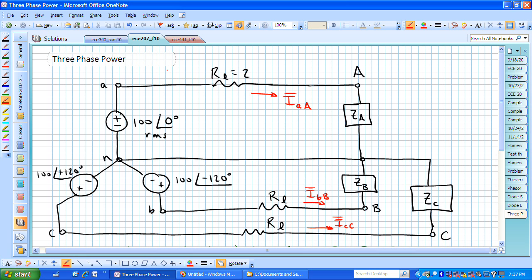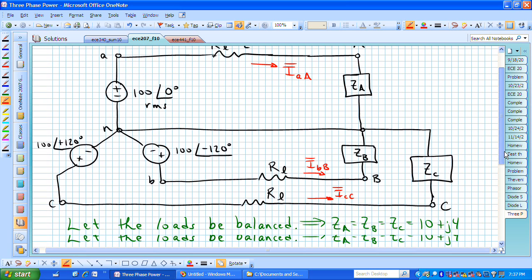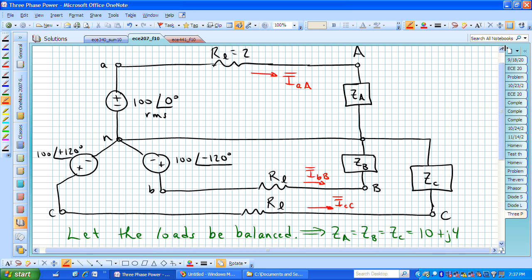And Z sub A, Z sub B, and Z sub C, we are going to assume that those are equal and have a value, each of those, of 10 for the real impedance plus J4. That's our system, and the loads are also a Y-connected set of loads, and we have a neutral conductor between the source neutral terminal and the load neutral terminal.